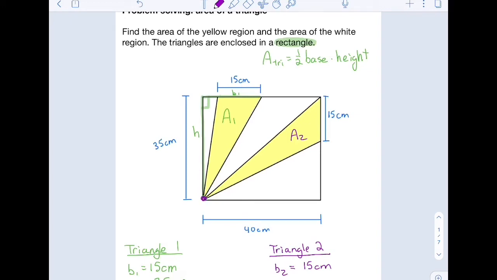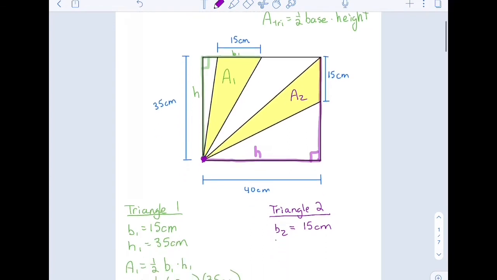We choose the vertex that's not part of the base, and we know that we need to draw a line segment from that vertex to the base or to an extension of the base. So let's extend this base. The line segments are perpendicular, so we will call the height this 40 centimeters. Now we're ready to calculate the area.